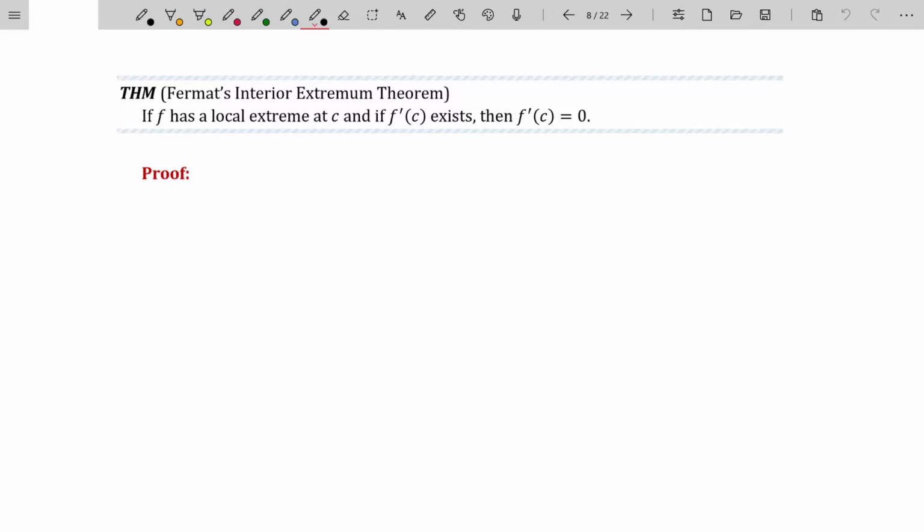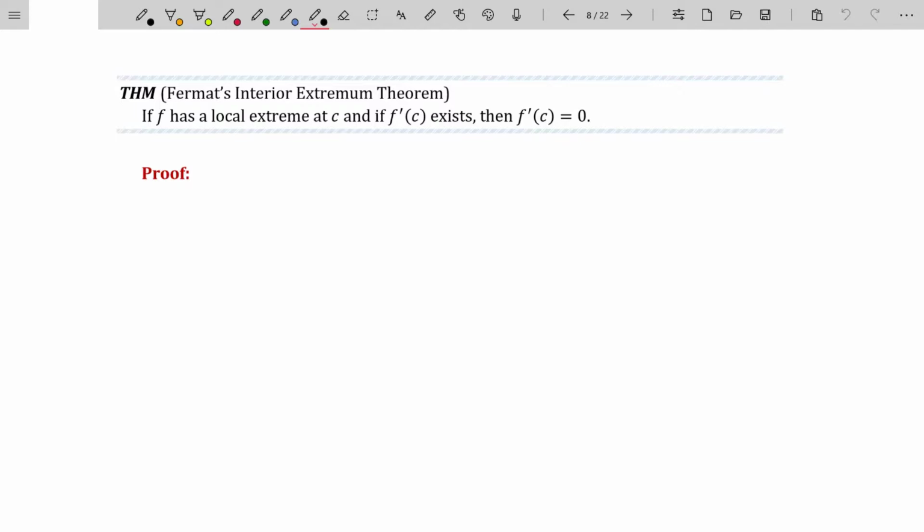I had to pause the video for a moment here because I was trying to decide, do I want to prove this here? I actually have a proof of this elsewhere, but I think I might not prove it here just because of time. So this is Fermat's interior extremum theorem, although my textbook calls it Fermat's theorem, sadly, because Fermat's theorem is actually attributed to something else. But anyhow, if f has a local extreme at c, and if f prime exists, then f prime of c is 0.